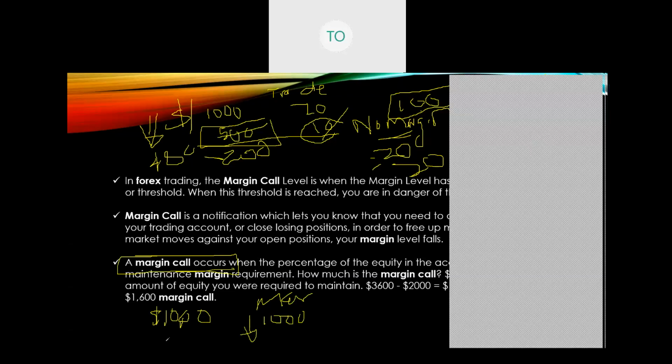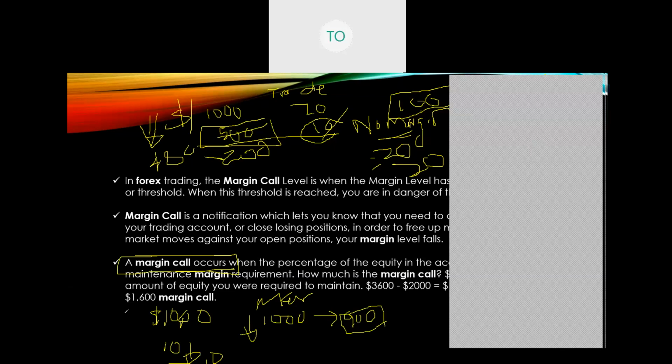So you have maybe 10 trades out there and they are all not doing good. They're all at minus 10 each. So you have minus 100. If you have minus 100 there, your margin reduces to 900. Which means, yes, your balance is 1,000, but your margin is down to 900.